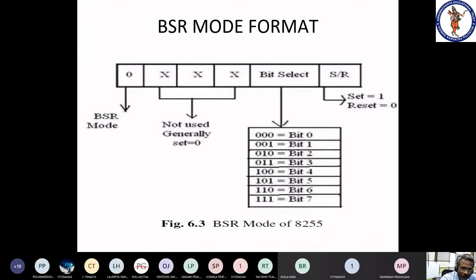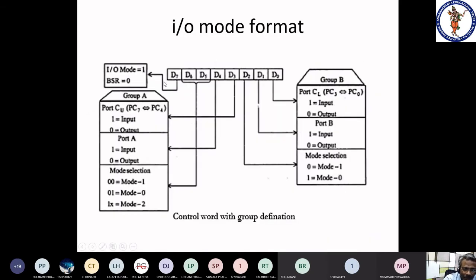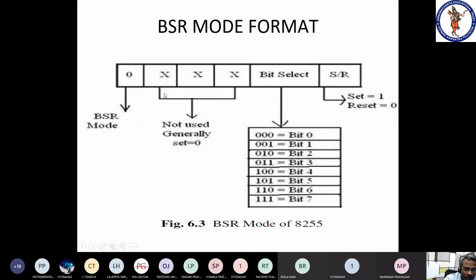Whenever the D7 bit, the MSB, as already seen in the last slide, is set as 0, the 8255 operates in BSR mode. That is shown here. Whenever this bit is 0, the 8255 operates in BSR mode of operation. The next 3 bits are don't care, so they are not used in BSR mode.